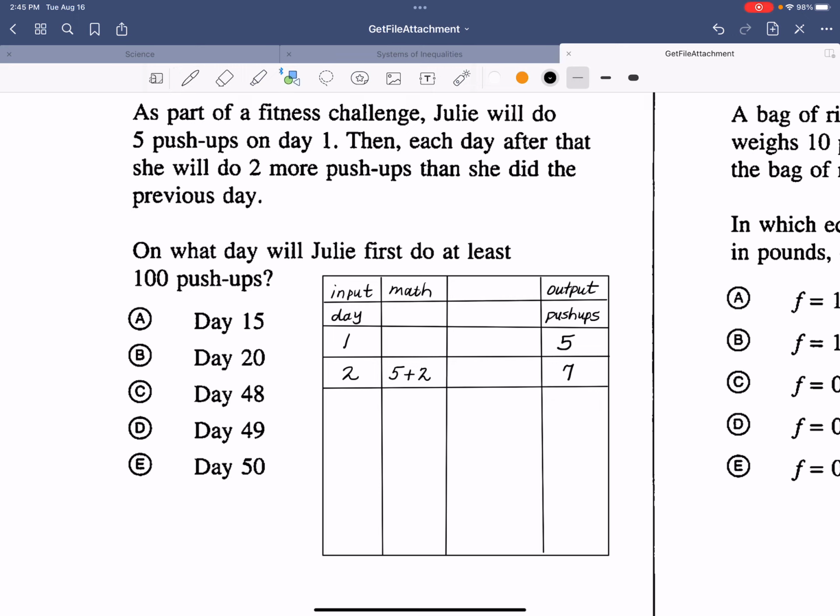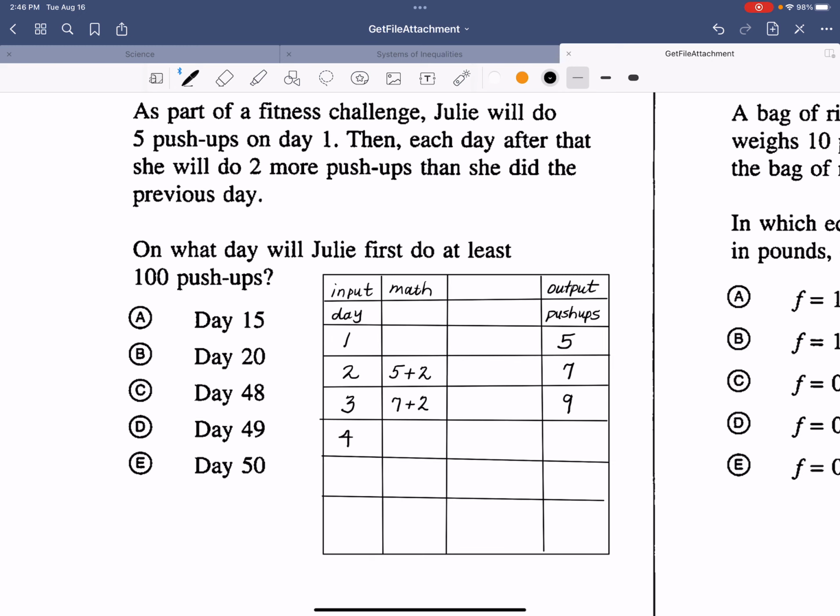I'm not going to go all the way to 100, I promise. I think I'll go to about 6 and stop. So here we have day 3. So yesterday she did 7 push-ups, and today she'll add 2 to that to get 9 push-ups. On day 4, she did the 9 from yesterday plus 2 more is 11.